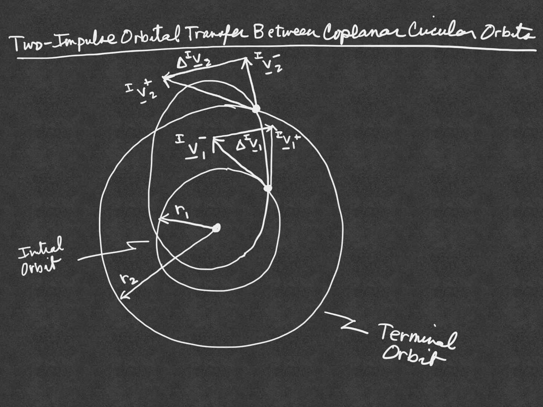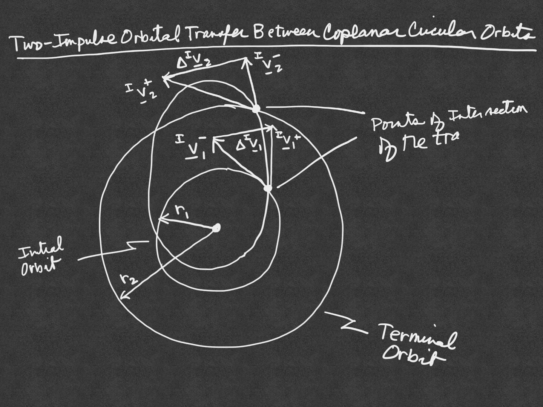So we have two impulses here. We have delta v1I and we have delta v2I. And you can see that these two points that I've labeled here are points of intersection of the transfer orbit with the initial and terminal orbits.